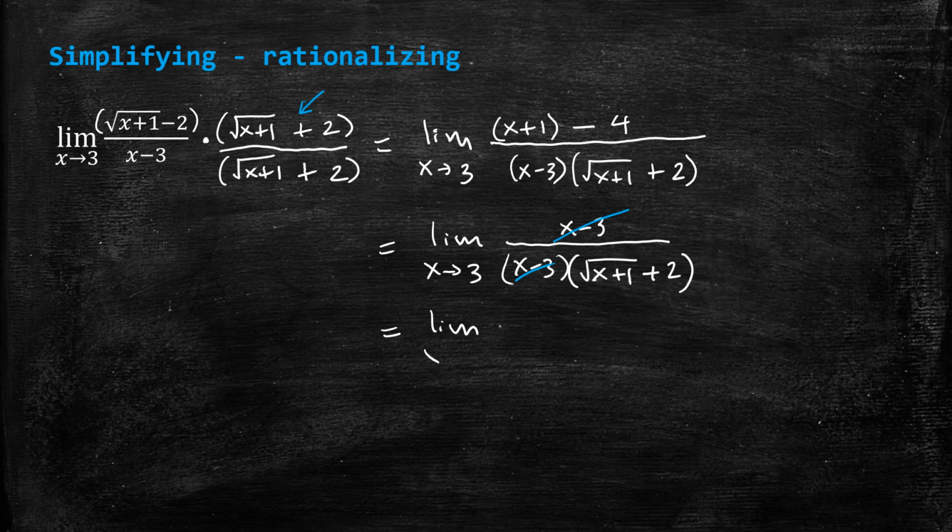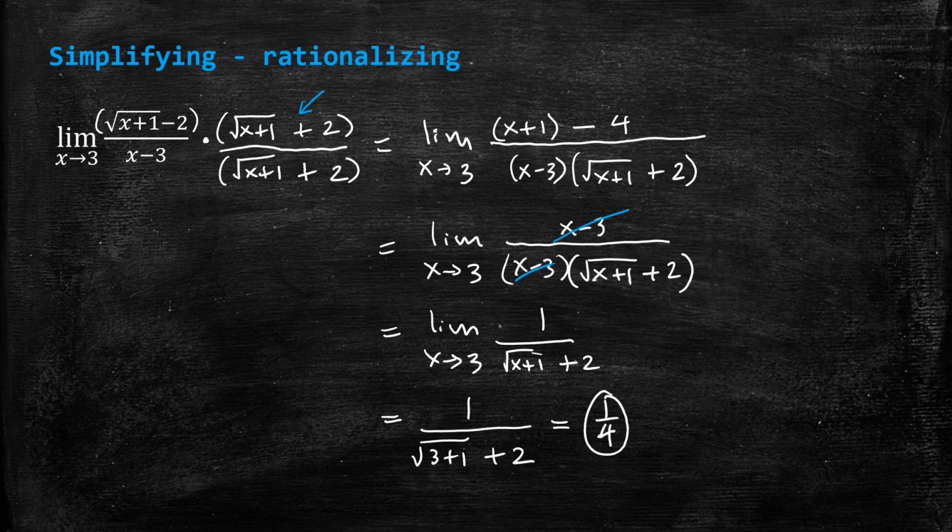So we get the limit as x goes to 3 of 1 over square root of x plus 1 plus 2, at which point we can use direct substitution. So I lose the limit notation and I plug in 3 plus 1 plus 2. And I get 1 over 2 plus 2, which is 1 over 4. So when you see a radical, be prepared to multiply the top and bottom of the expression by its conjugate.